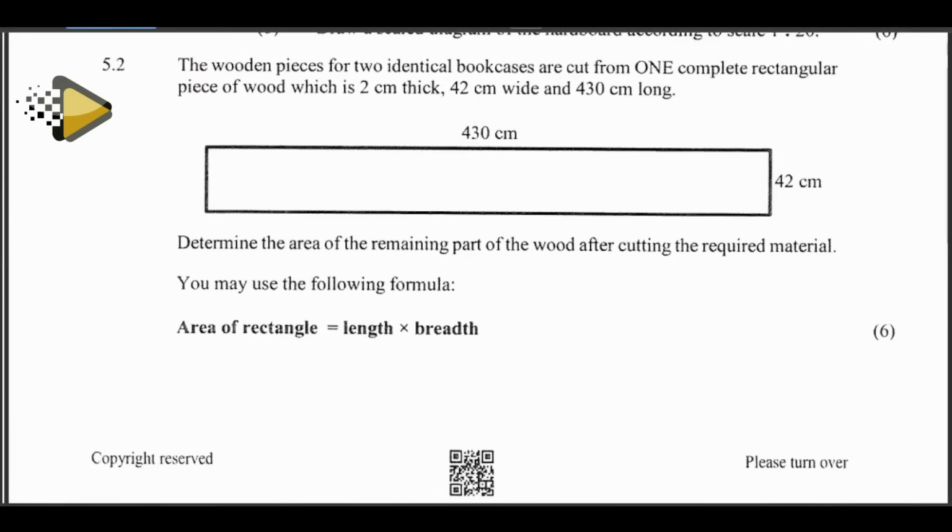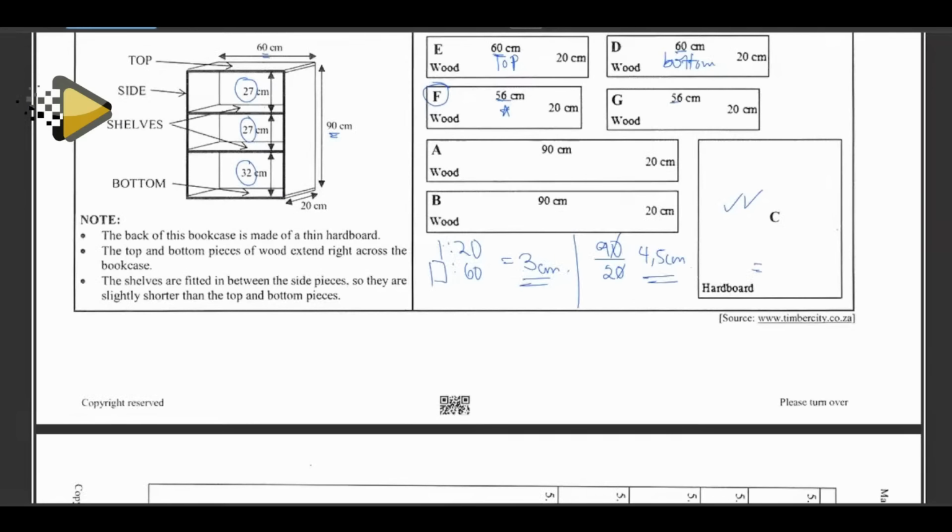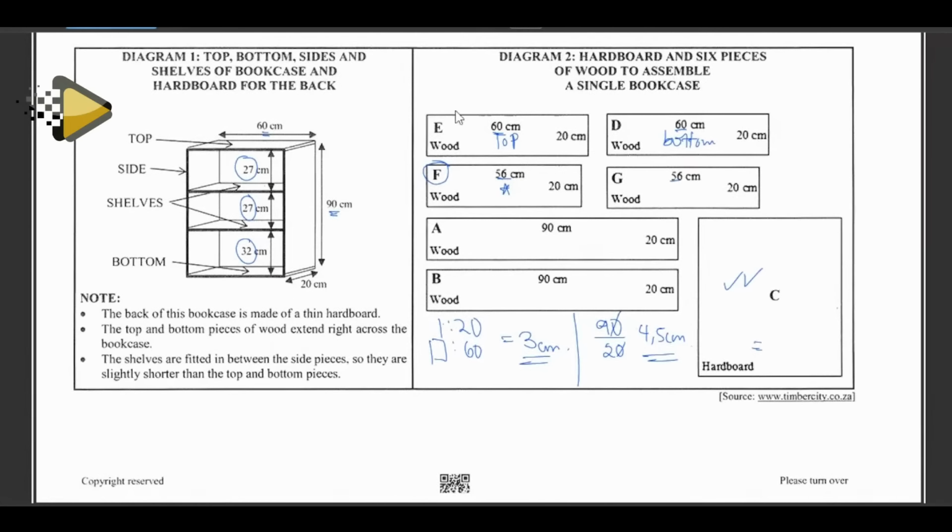Determine the area of the remaining part of the wood after cutting the required material. You may use the formula below. I would believe we would find the area, because all these ones are going to be cut from that one wood.